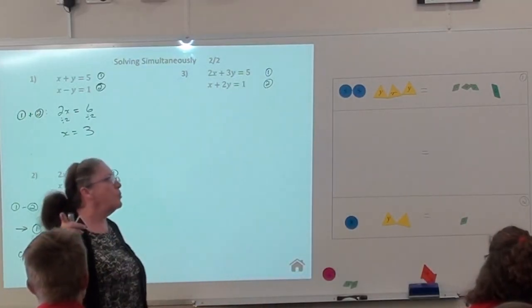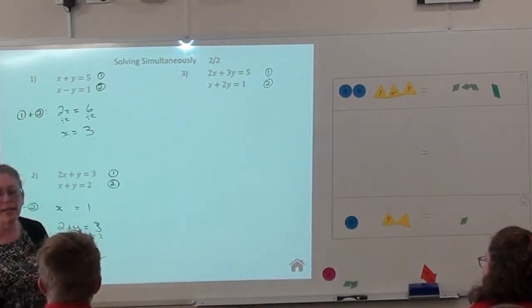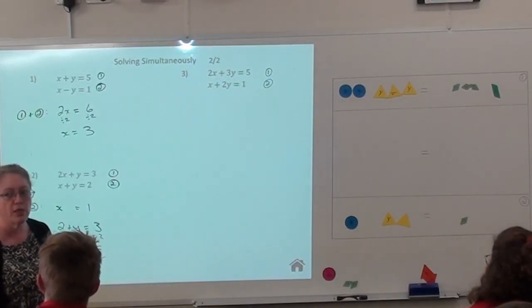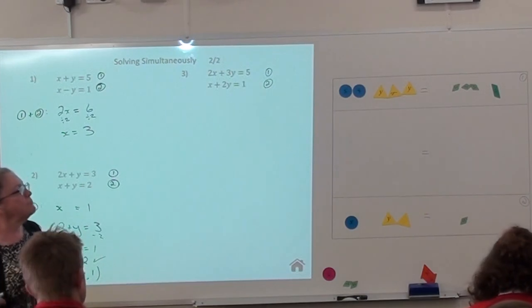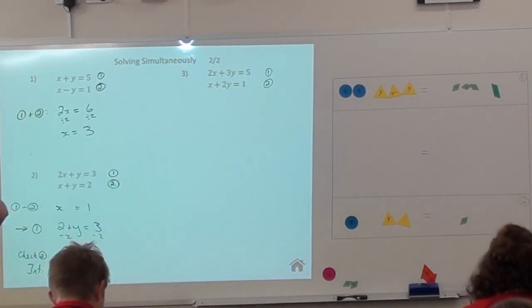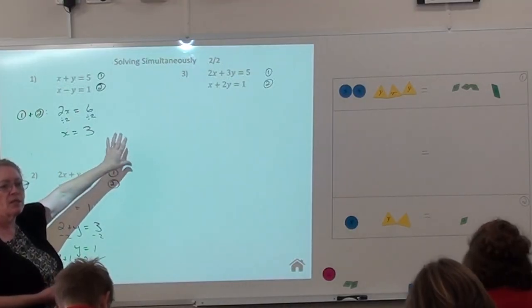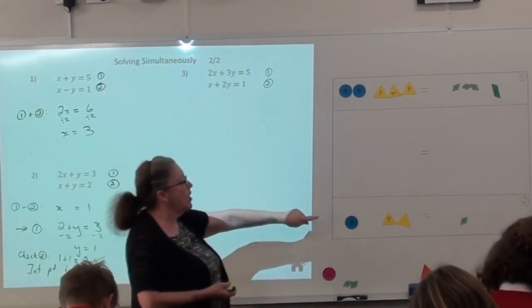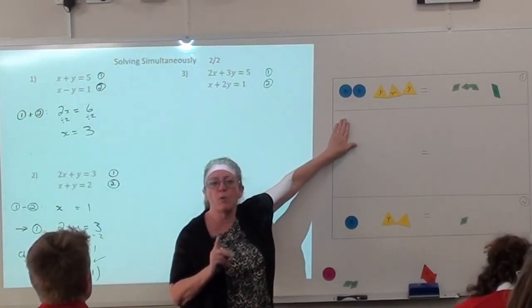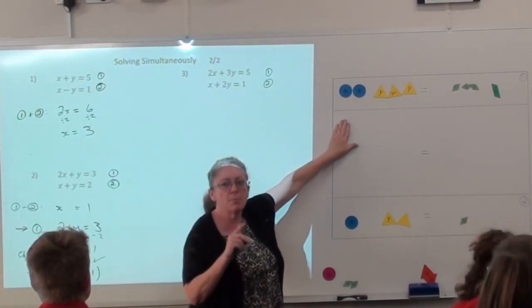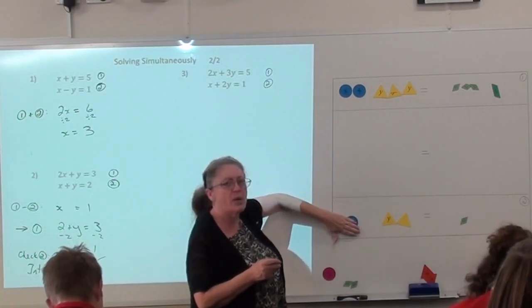Okay, so instead we need to get, so times it by 2 or -2 is the answer. Okay, because if you look back at the notes, what I said is for this system to work, the coefficients need to be the same for one of the letters. Okay, in both equations. So there's a 2x here and 1x there.